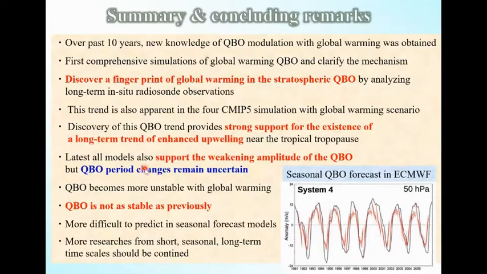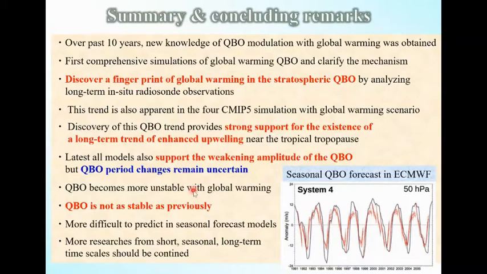We have very large confidence that the QBO amplitude becomes weak in the global warming climate, but we still do not have confidence about the future change of the QBO period.